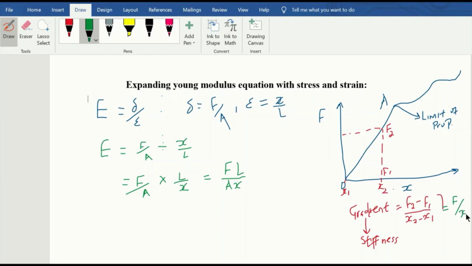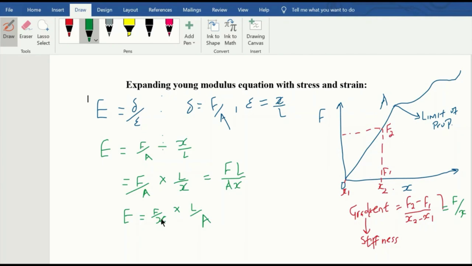So I can rearrange this so the modulus is equal to F over x, times L over A. Here is a new equation that we have, and I know that the force over the extension is also known as the gradient of the force extension graph.